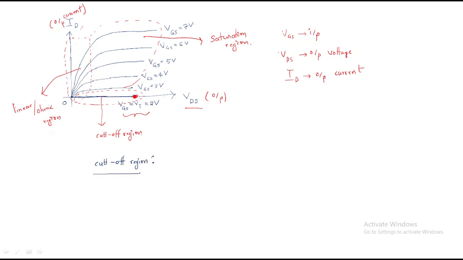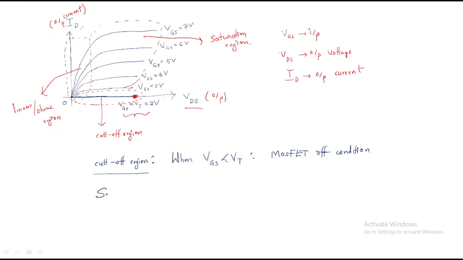We will say the cutoff region is when the input voltage, or gate-source voltage, is less than the threshold voltage. Generally, we can say the MOSFET is in the off condition. Understand? We must maintain VGS more than the threshold voltage, then it will act as a switch.